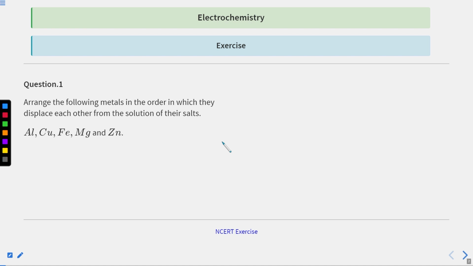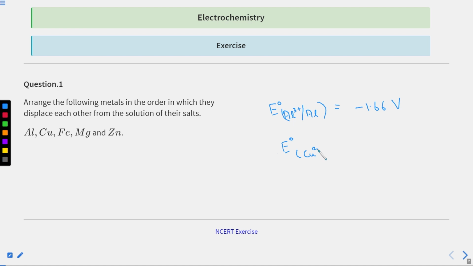Suppose the starting is from aluminium. For aluminium, I'm writing it here, E naught reduction potential. So Al3 plus will go to Al. This value is given as minus 1.66 volts. Then we have the copper. So the copper will have Cu2 plus.